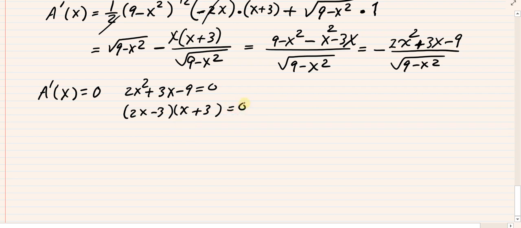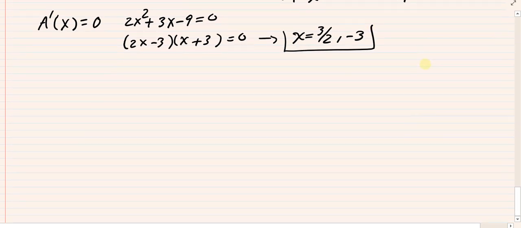Okay, this should work. Equal to 0. And then from this, we will pick up a couple of critical numbers, 3/2 and negative 3. Now remember, our domain is between 0 and 3, so we only have one critical number over the domain. But this is what we have so far.